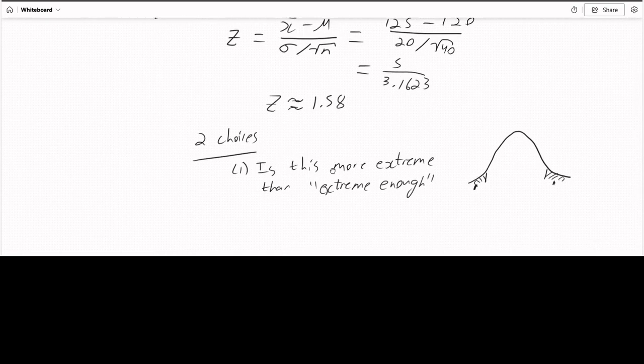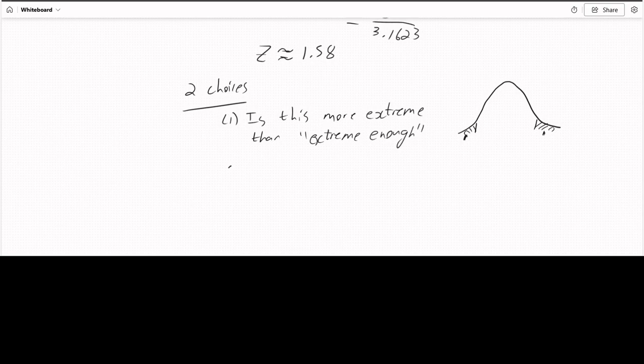Now we can approach it with the p-value approach, which asks, is this value unlikely enough to convince us?